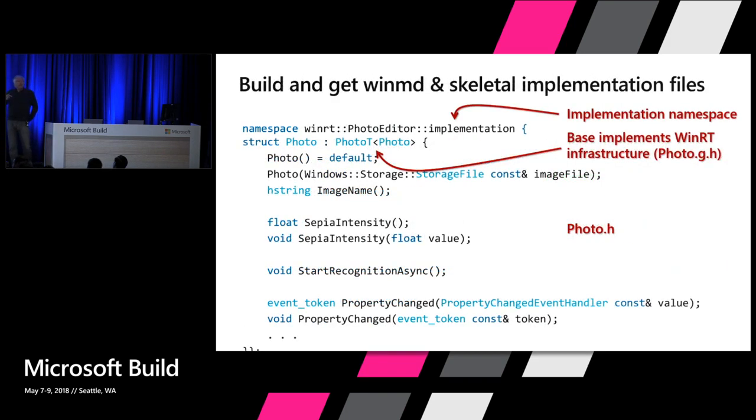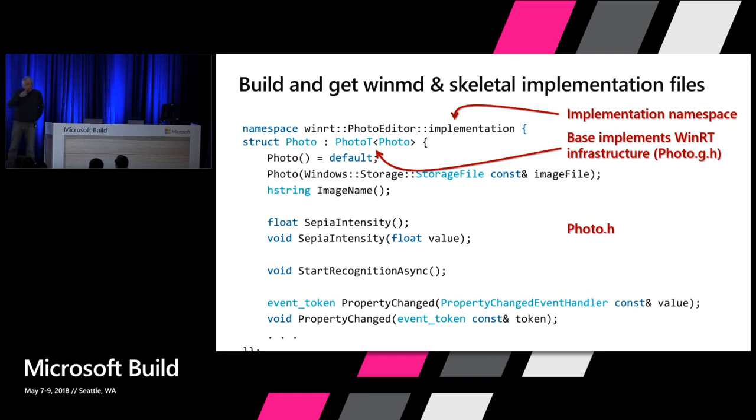When you add an IDL file to your project, similar to when you added a WinMD, we run our compiler and generate headers for you. When you add an IDL file to your project, we run our compiler and generate an implementation for you, at least a skeletal implementation. So this is the skeletal implementation H file for that Windows runtime type description I wrote in IDL 3.0.